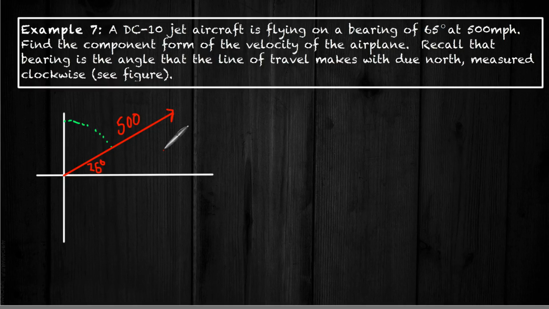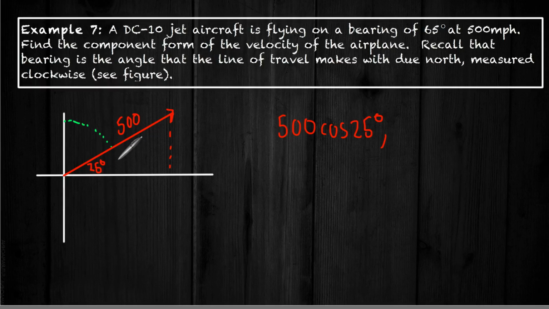And it wants you to find the components. So once again, we have done this earlier. So the component form of any vector is going to be the velocity cosine theta, the velocity sine theta. So it's going to be 500 cosine of 25. Now, I want to caution you. For this unit, you are going to have to be able to convert bearing into a real angle.